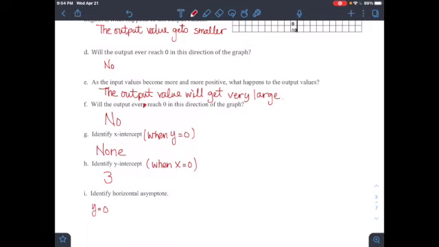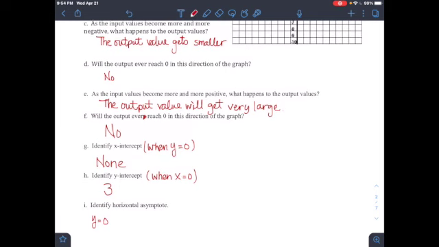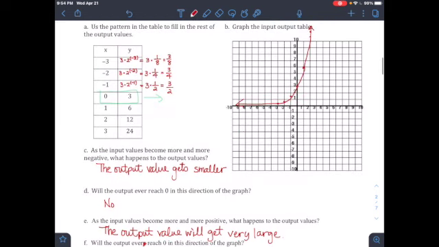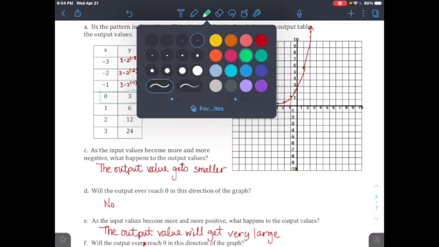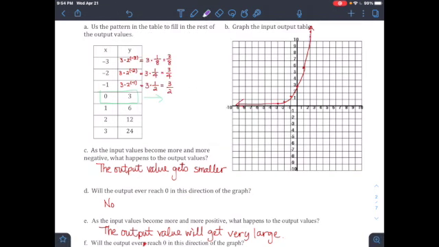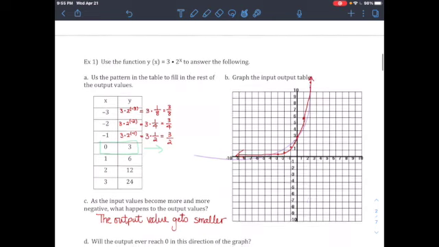Identify the horizontal asymptote. The reason we say y equals 0 is because if you look at this line, and the line it's approaching, if you keep going and going, it's going towards y equals 0, but it will never touch it, and that is called an asymptote.